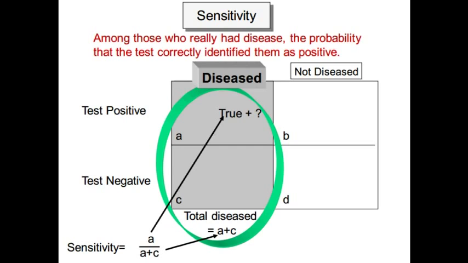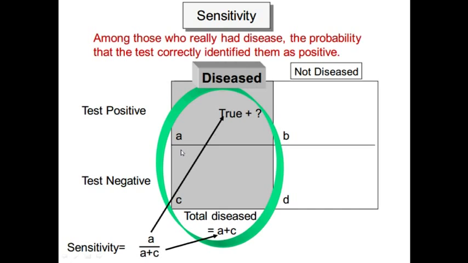That is known as sensitivity. In other words, it is nothing but the true positives from all those who were diseased. As you can see here, this is a 2x2 table which shows you the outcome in terms of disease and non-disease status and the test results here.